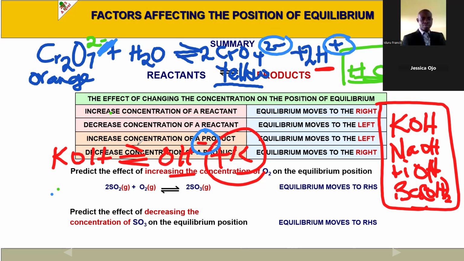You have to tick one. The position of equilibrium will move forward because the OH- will react with the H+. If it goes forward, it means that the orange color of Cr2O7 2- will fade and the yellow color becomes intense, or simply the reaction mixture will become yellow in color overall.